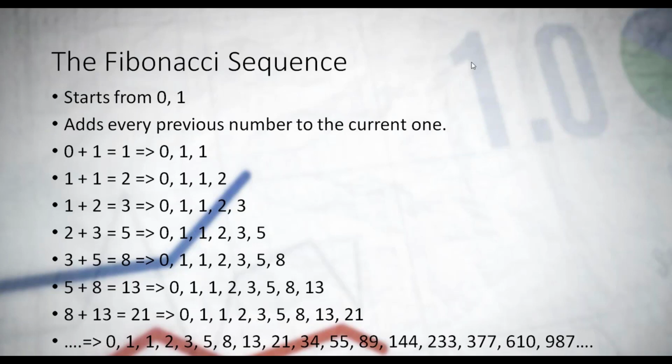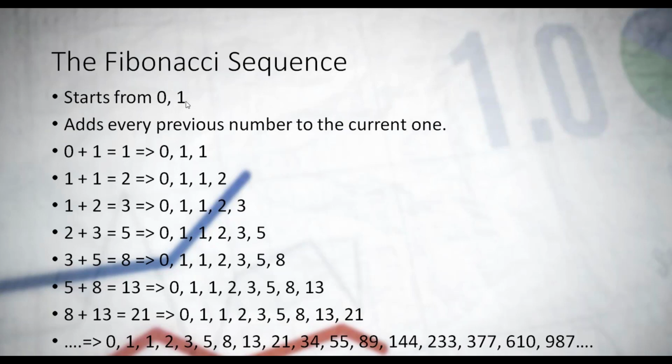Okay, I now start with the Fibonacci sequence. The important thing you should know about the Fibonacci sequence is that it starts from 0 and 1. So here is the 0, starts from 0, comma, and then continues to 1. And then every next number in the sequence adds the previous number in the same sequence.